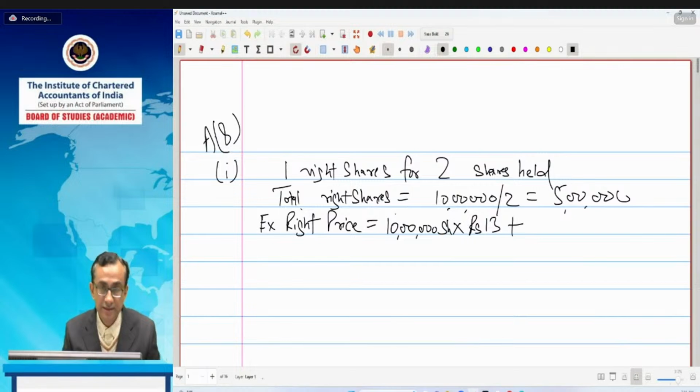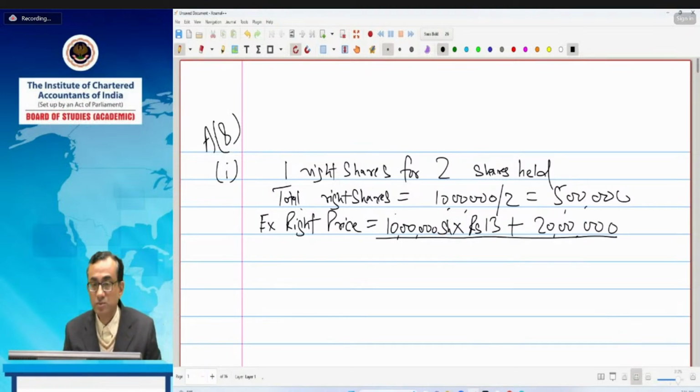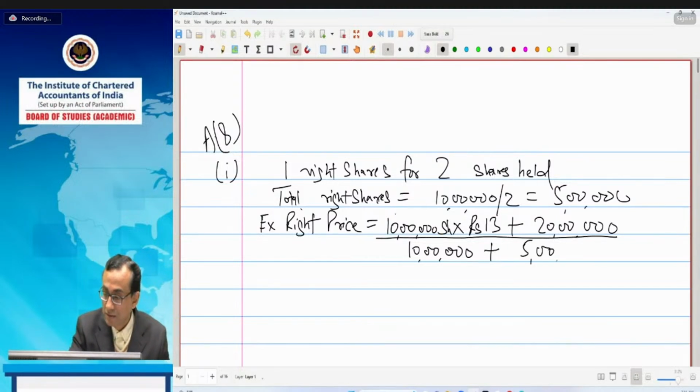This 20 lakh has to be raised through the right issue, so it will be plus 20 lakh, divided by the total existing shares, which are 10 lakh, plus the right shares, which are 5 lakh. So let us calculate it.